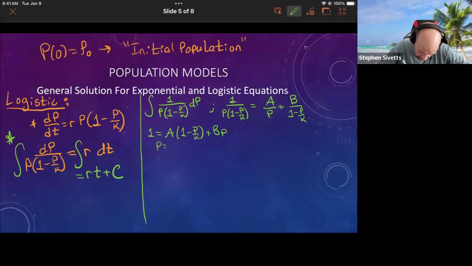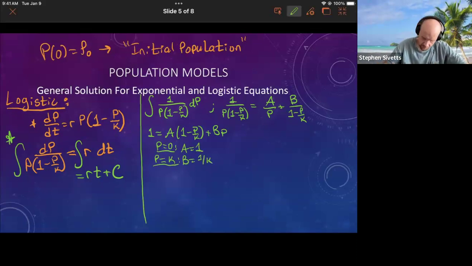So if p is 0, A is 1. And if p is k, B is equal to 1 over k. And so that means we'll have this integral.